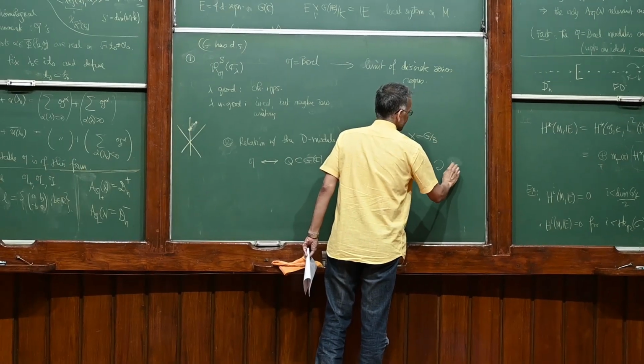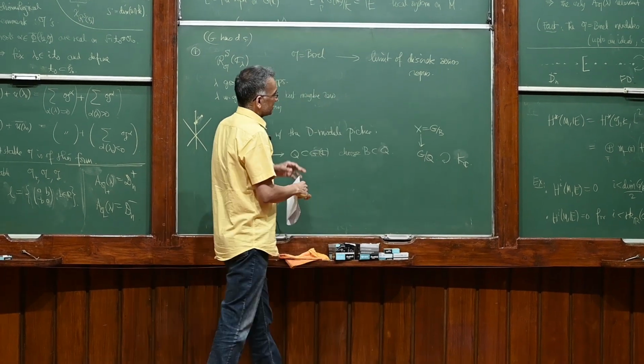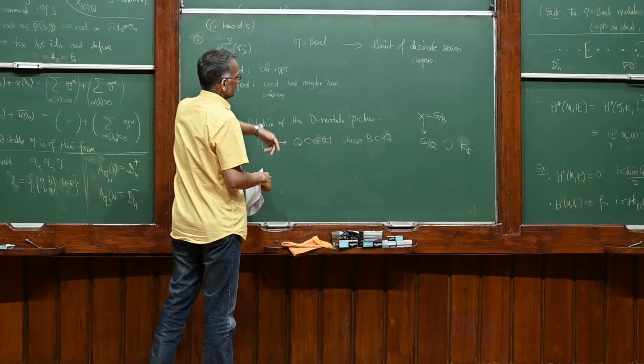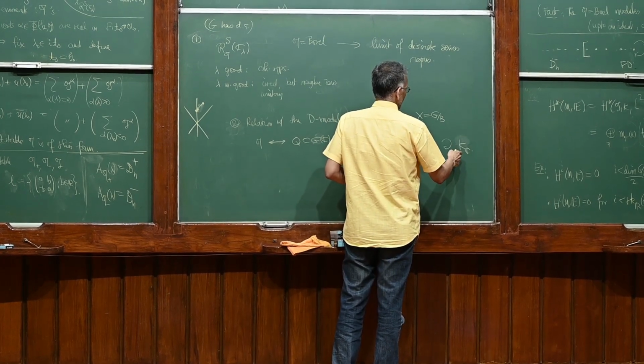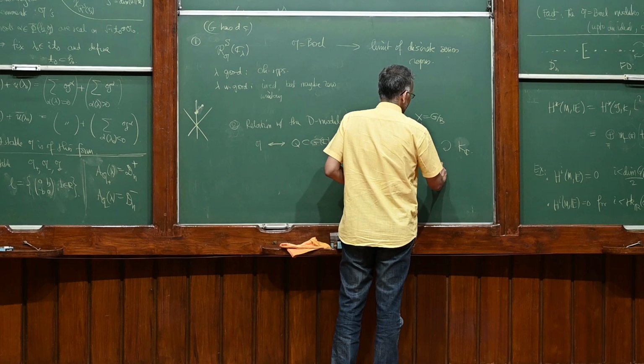So KC acts over here. I'm writing KC because my Q is always compact, but it's natural in the geometric picture to look at complexification. And this has closed orbits.